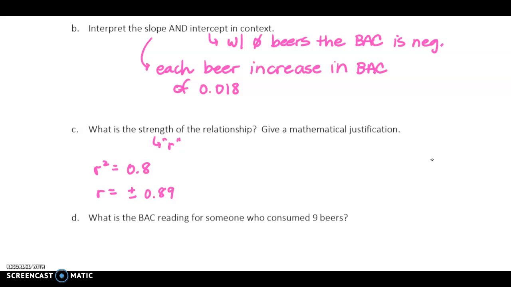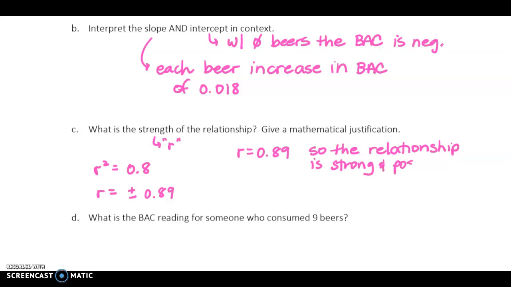And because the slope is positive, I choose the positive solution here. So R equals 0.89. So the relationship is strong and positive.